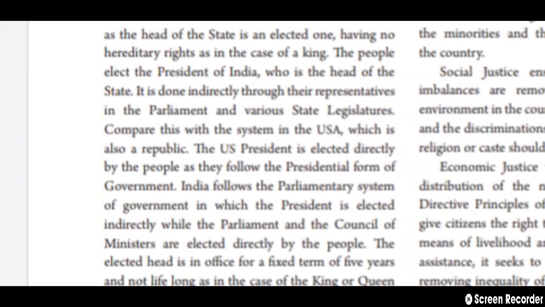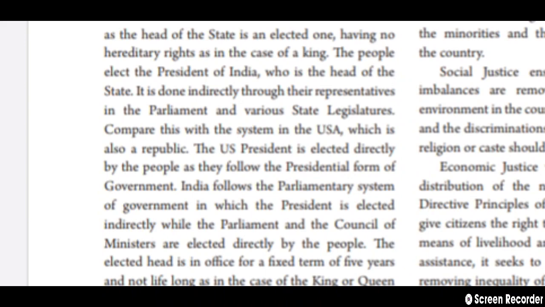The people elect the President of India, who is the head of the state, indirectly through their representatives. The election is done by the parliament and the various state legislatures.